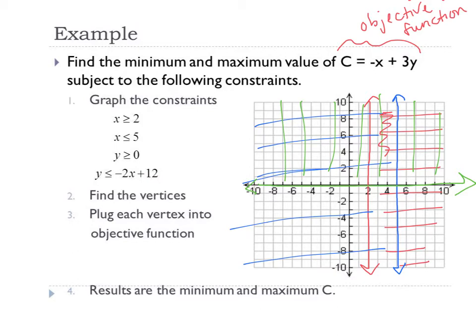And we got one more to graph, and this one is going to start at 12. Let's see. Go black. Start at 12, and we're going to go down 2 over 1. So where this is going to differ from just graphing regular inequalities is that we really want to make sure we know where these cross.